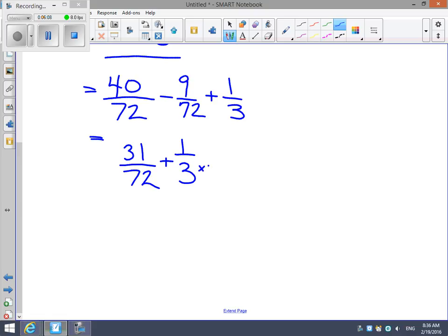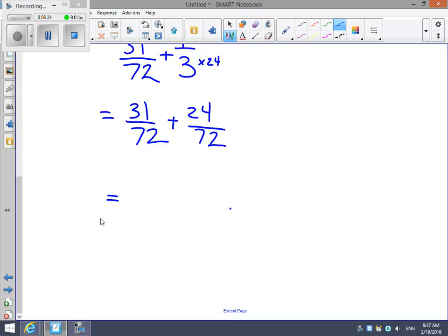So this is times 24, and that's times 24. So when I rewrite this, I have 31 over 72, and 24 over 72, obviously, that's what I tried to make it. And then let me extend my page here for you.